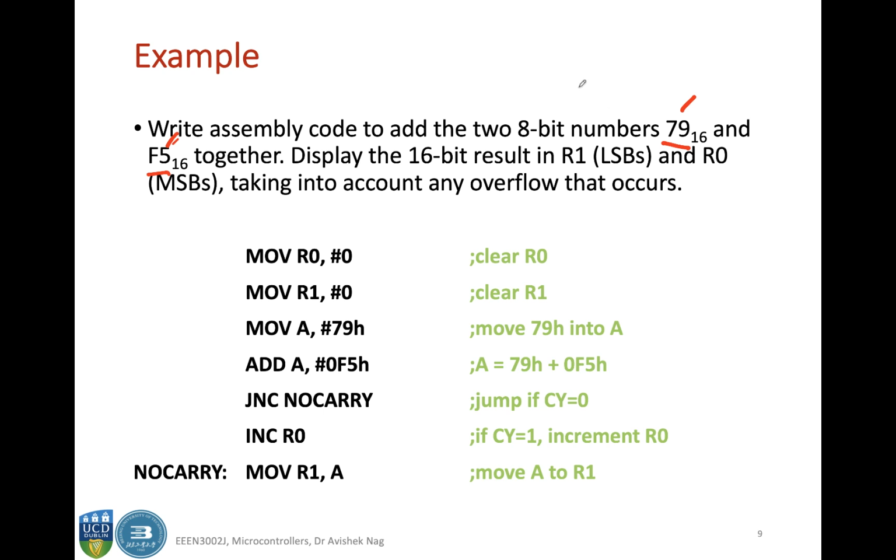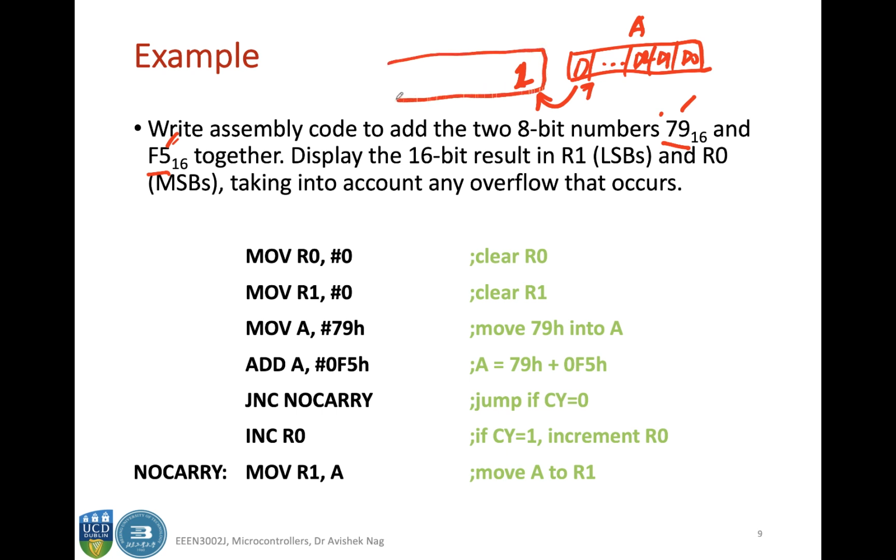Even if there is an overflow of 1 bit, so let's say these are the bits of the 8-bit registers, and this is your D7. If there is a carry here, even 1 bit, after adding these two numbers, the accumulator will have these 8 bits, and then there is a carry, and this carry has to be accommodated in another register.